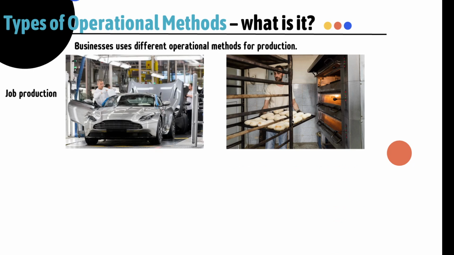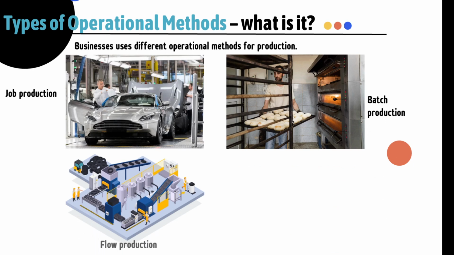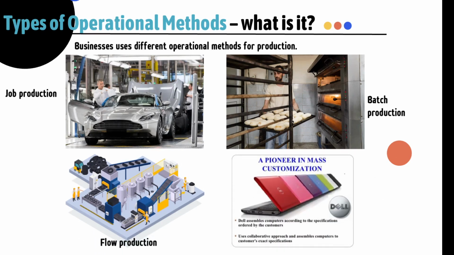Yeah, and then you have a bakery. A bakery produces in batches, and so you have a batch production method here. Then you have an example of a flow production here, as you can see. And the next one is mass customization, where you have different colors and designs for your Dell computers, for example. So this is an example of mass customization production.